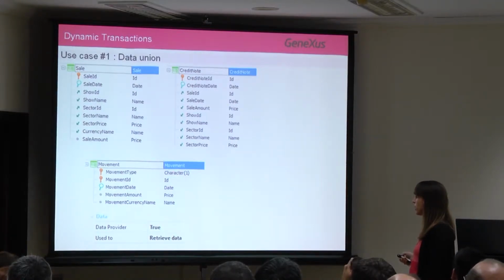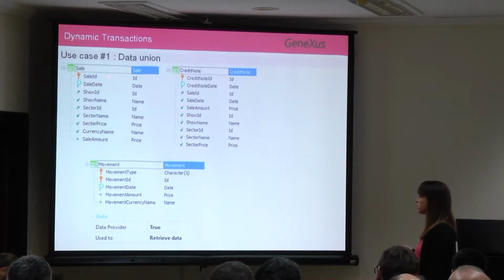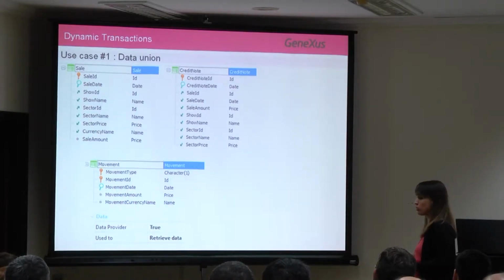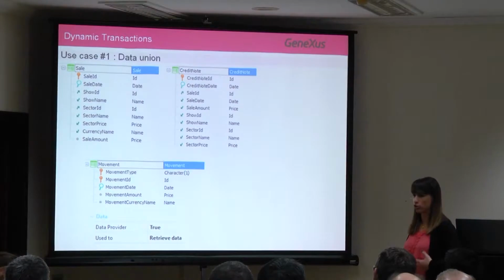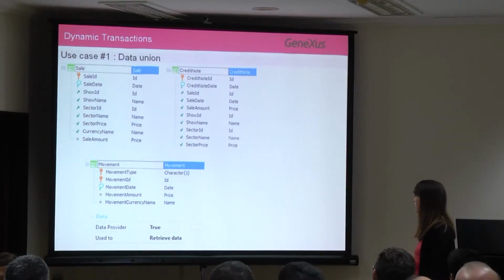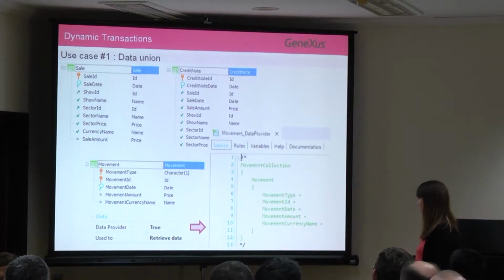I put a composed character and I put an S or a C, meaning credit, in order to put in the same number for sale or credit bill. I define these attributes, date, currency, and so on. And since this isn't a physical table, it's a consultation, I would like to retrieve it, and I would simply define it as an attribute.